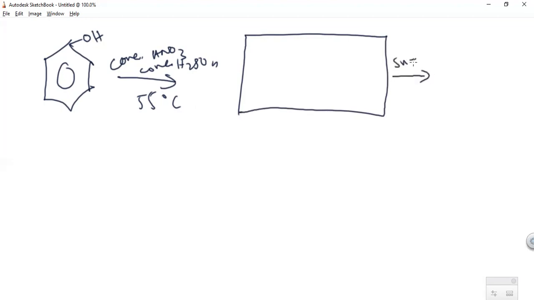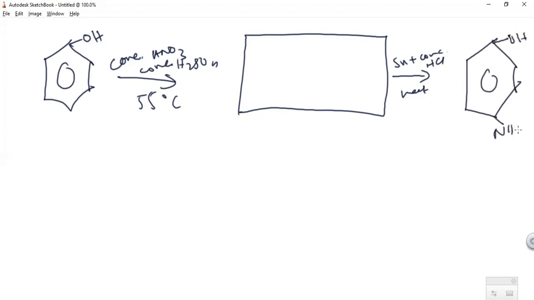Then when we add Sn plus concentrated HCl with some heat, we also know this can form this molecule, isn't it?